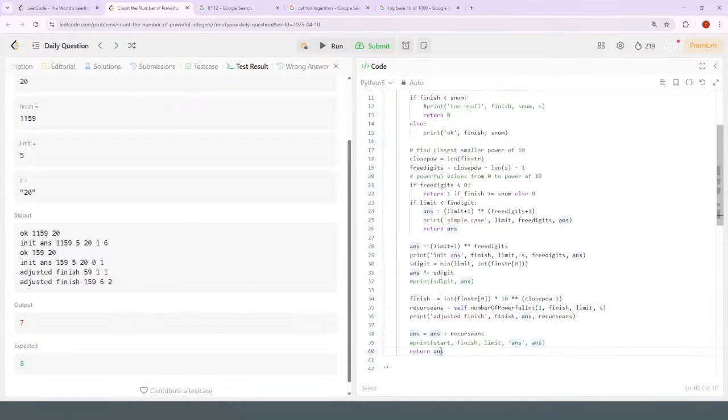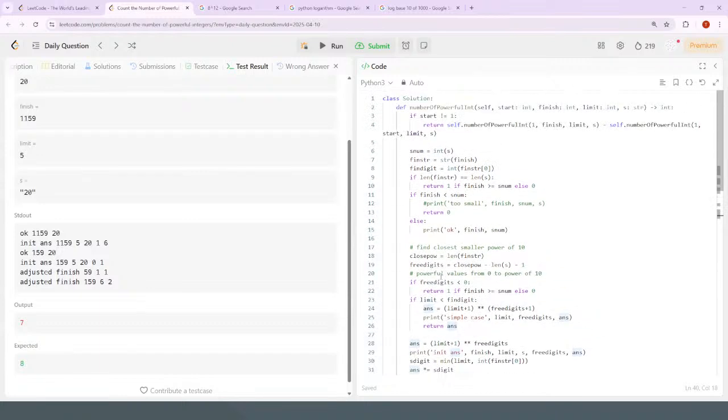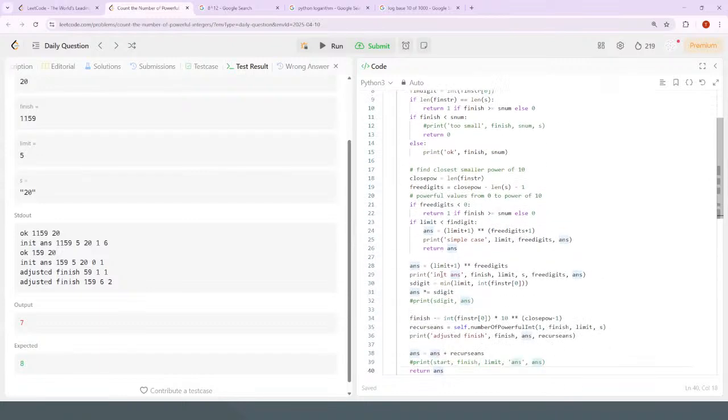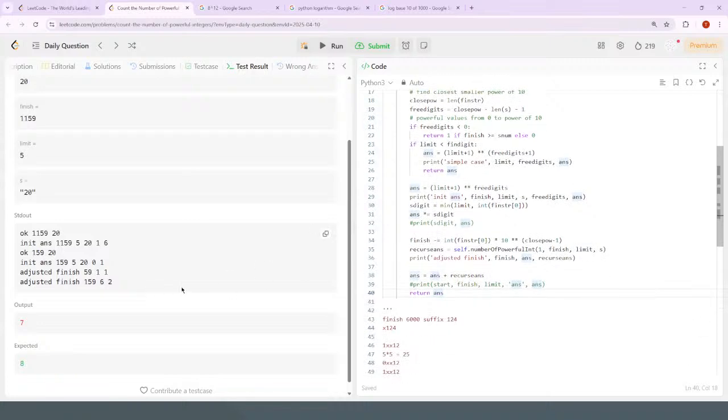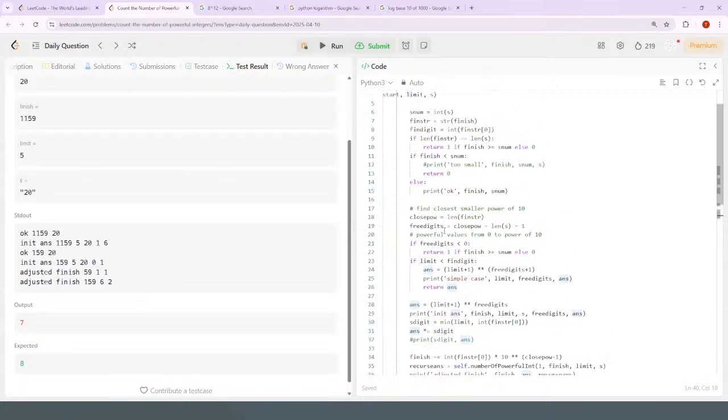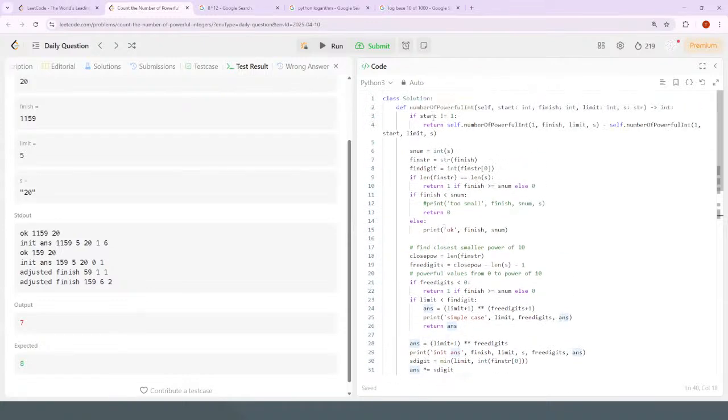So the answer was 8, and then somehow it got subtracted by 1. Output is 7. How did it get subtracted by 1? From 1 to the start.